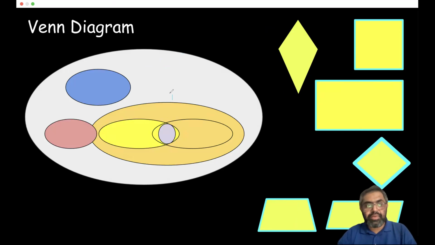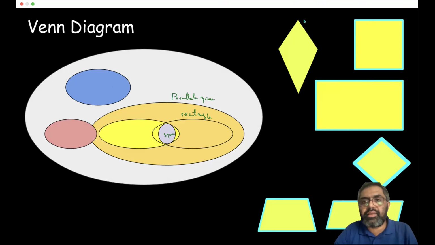This is what we call a rectangle, and this could be a rhombus. This is a square, and we can put all other shapes over here.